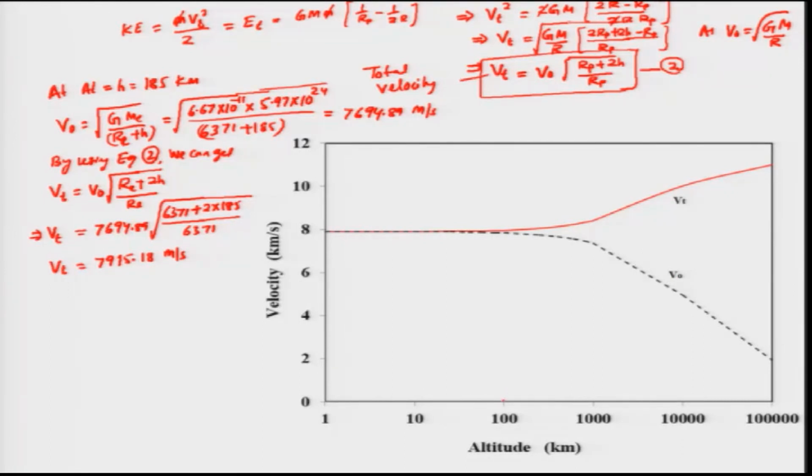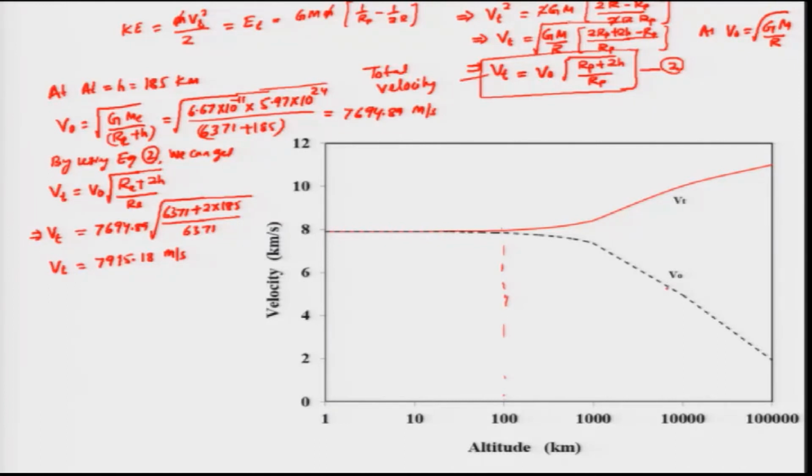And interestingly, the orbital velocity decreases with altitude, which is more prominent particularly at higher altitude, and the total velocity increases along with the altitude, and the differences are much higher at high altitude.